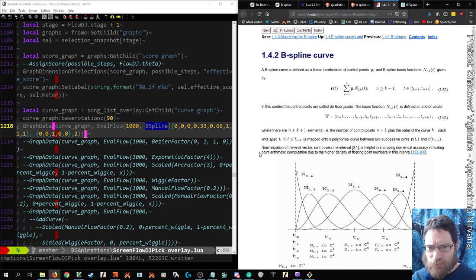N greater than or equal to k minus 1. T is included in k minus 1 to n plus 1.